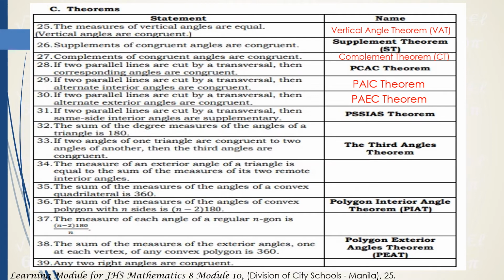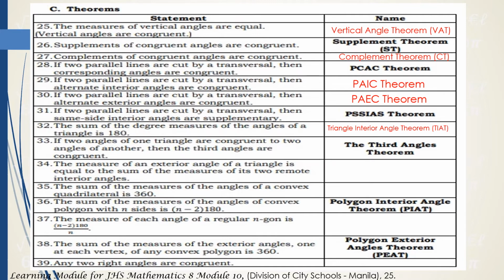And then, the alternate exteriors are also congruent. Para dun sa parallel lines cut by a transversal. And also, about parallel lines cut by transversal, yung kanyang same side interior angles are supplementary. So, we have the PSSIAS theorem.